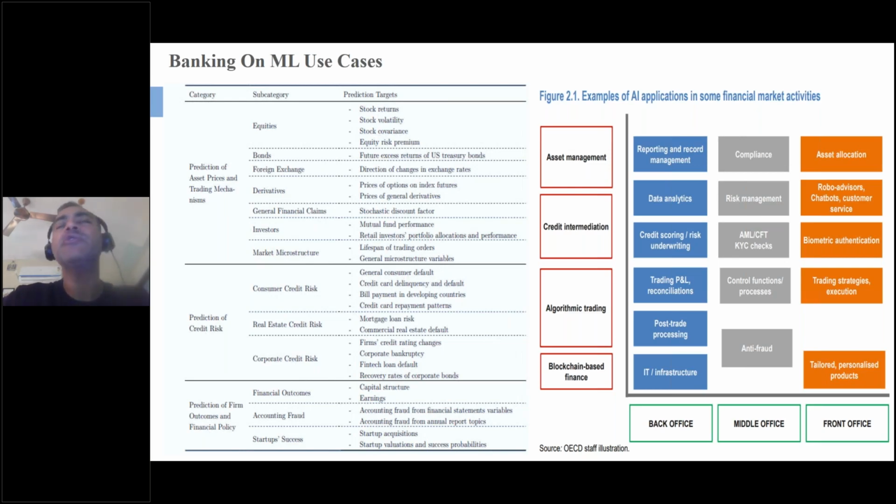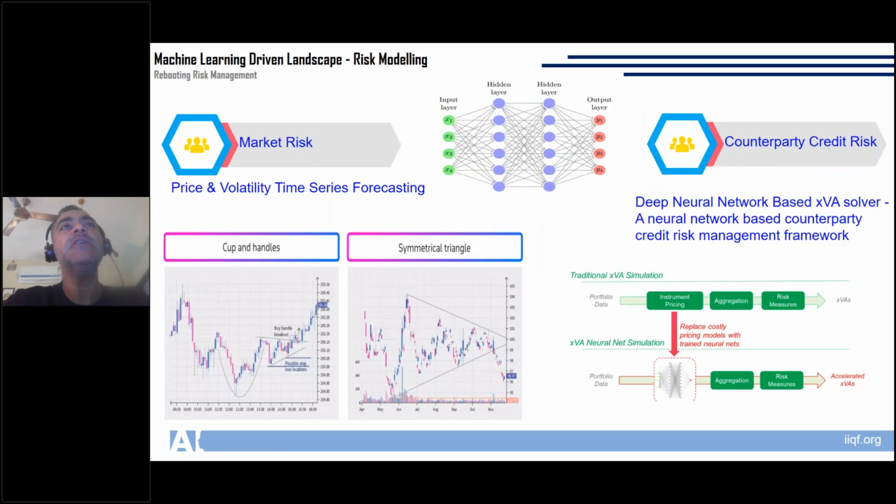Even many specific trading strategies are now built based on machine learning algorithms, as well as your stress testing, scenario analysis, and all of that. So there are a lot of use cases here, right?